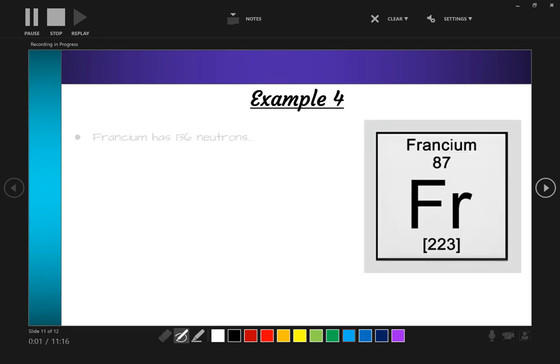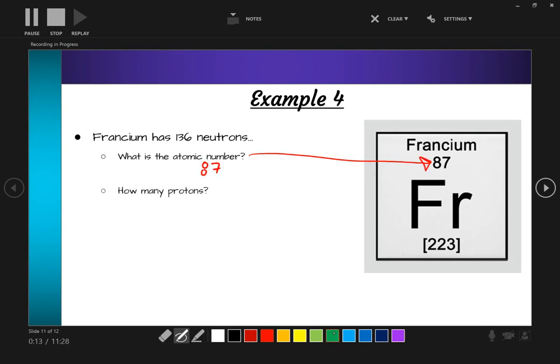One last example. Francium has 136 neutrons. What is the atomic number? Again, remember atomic number is at the top, so 87. How many protons? Also 87, because your protons and atomic number are the same number. What is the mass number?